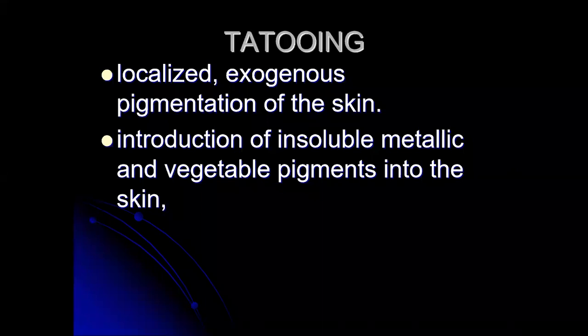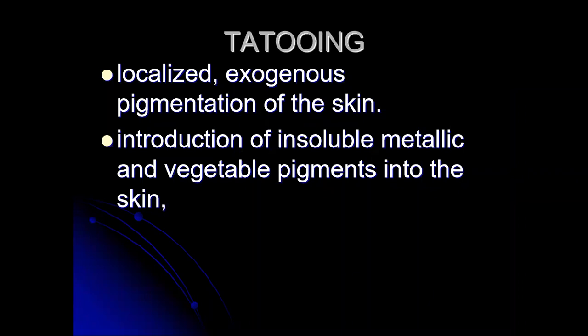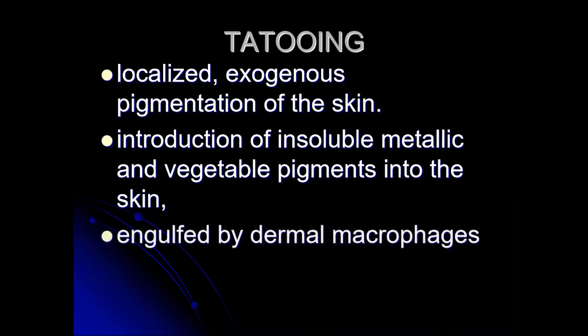So you choose the pigment, you want a colored pigment, bluish or black, and then this is injected into the skin. Not into blood, because then you may have a serious reaction to this kind of pigment. The introduction of this insoluble metallic pigment into the skin is by somebody's own choice.